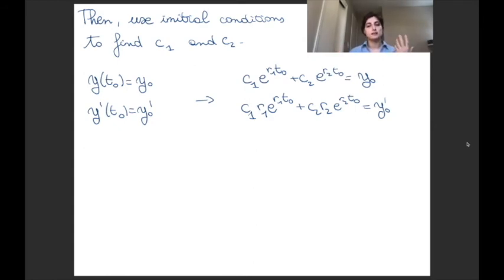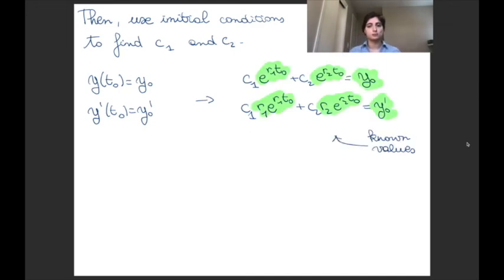So we need our solution to fit these requests. That means that c1 exponential of r1 t0 plus c2 exponential of r2 t0 is equal to y0, and c1 r1 exponential of r1 t0 plus c2 r2 exponential of r2 t0 is equal to y0 prime. They're very similar equations. In the second one, we're just taking the derivative, so we have these coefficients r1 and r2 popping up.